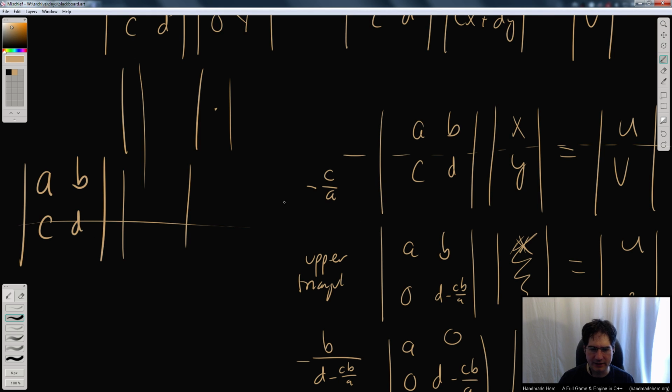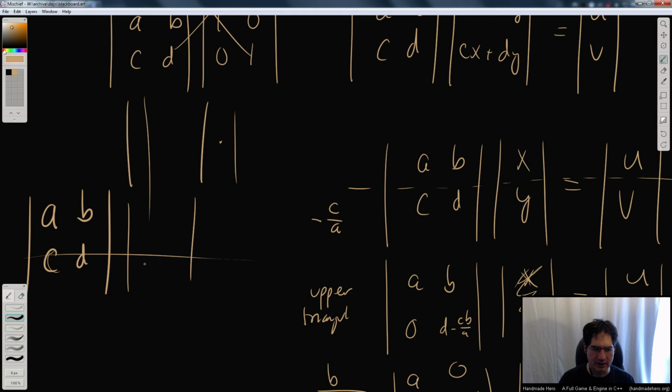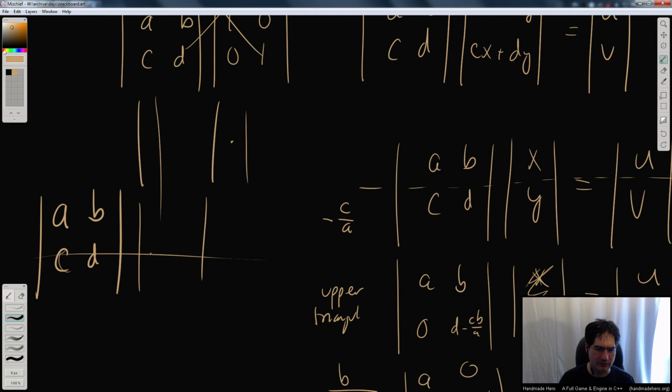If I just wanted to add negative CA to this row, I would have to produce, you could almost imagine, negative C here. And so, yeah, I don't know how I would do that in a way that still produces the A there. Yeah, that's too much for my math brain right now.